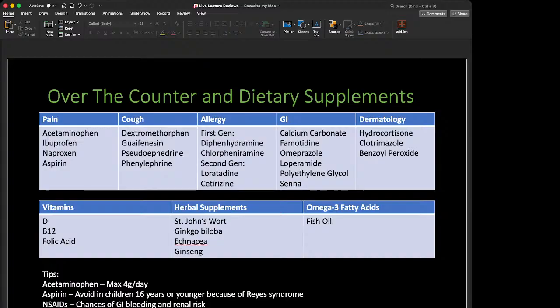So you definitely want to keep patients informed about all these warnings prior to taking these medications. Also consider drug interactions that might occur when the patient is on these medications and then takes over-the-counter medicine on top of it. So these are some things to look out for.